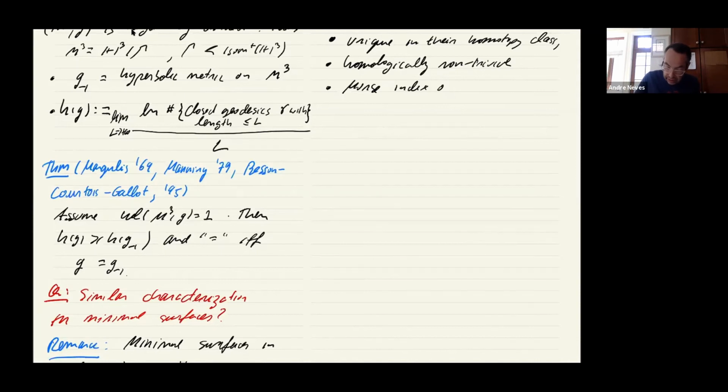Sorry, not minimal surface, just surface. So this would be the analog of taking a homotopy class of curves. Here we take a homotopy class of pi 1 injective surfaces. And now I want to define what is the limit set of pi.